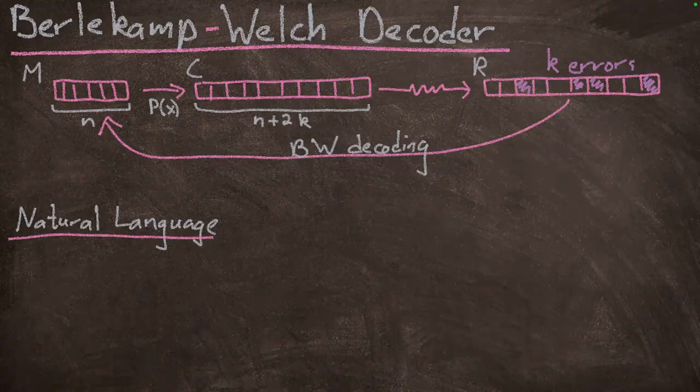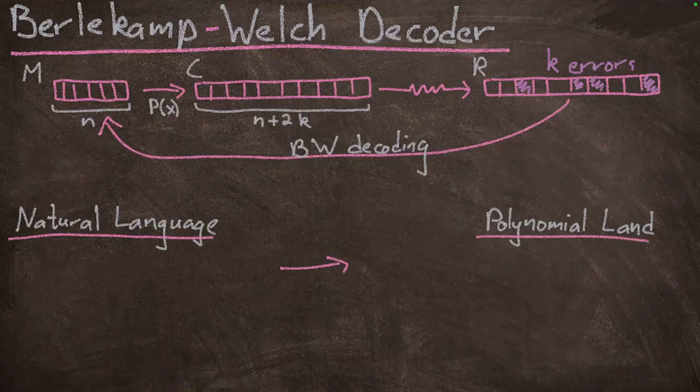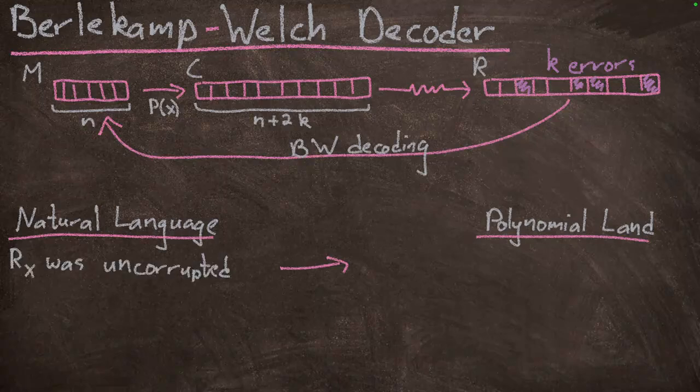The trick here is, again, this incredible thing where math gives us structure. So we want to start with natural language and go to polynomial land. Can we write natural language in algebra? Because algebra we can work with. So let's start with a simple example. Let's say in natural language, r, the received code word at index x, was uncorrupted.